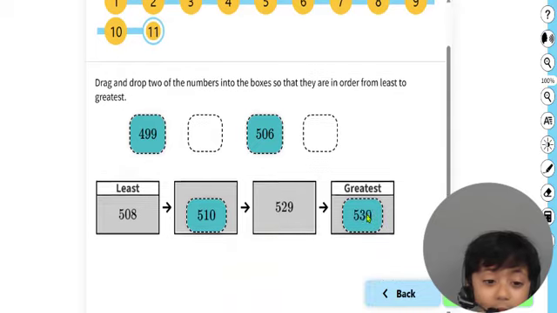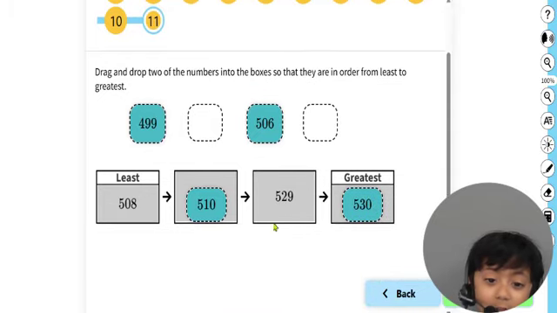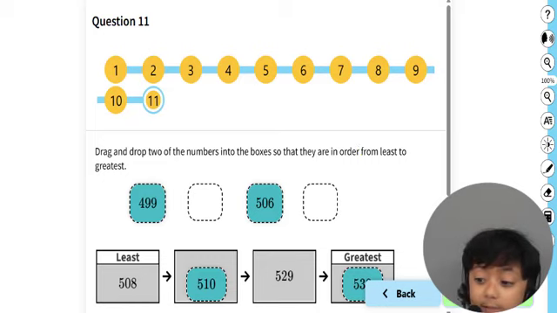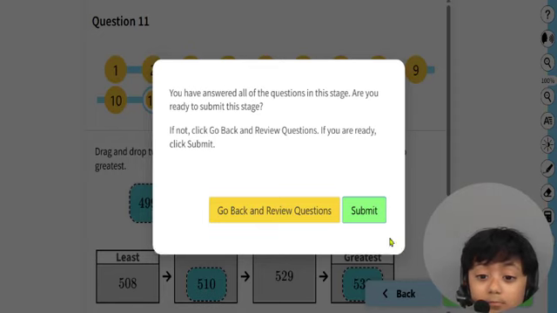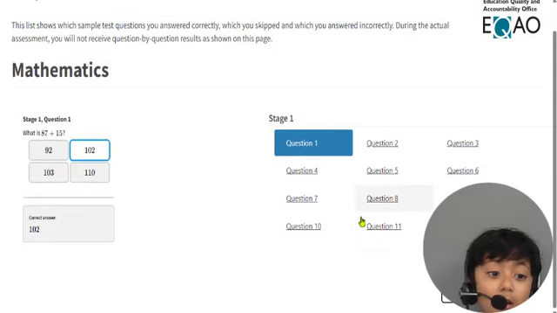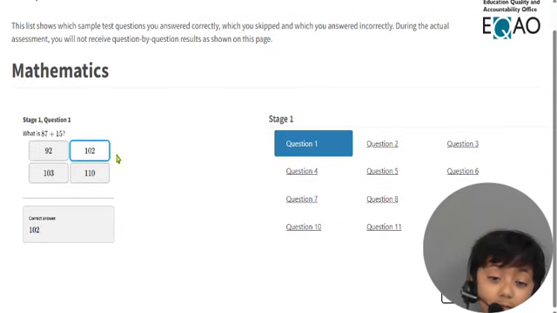And the last question, the number between 508 and 529 is 510. A number greater than 529 is 530. Let's submit our work to see if we are correct. Our first question is correct.